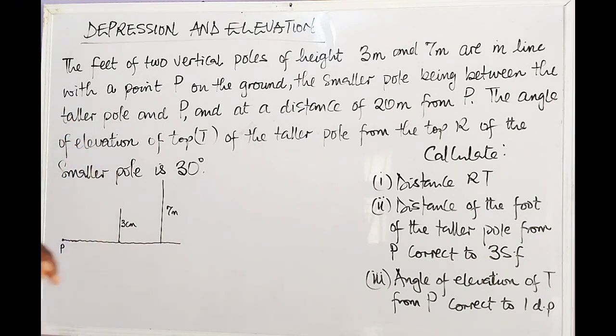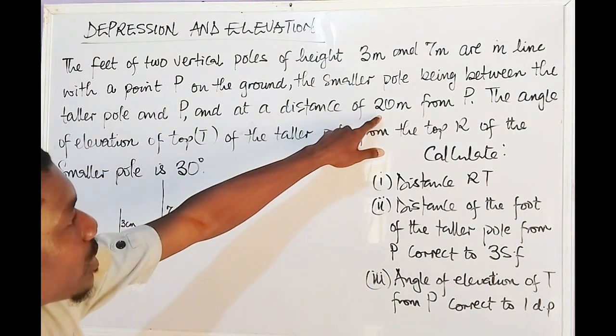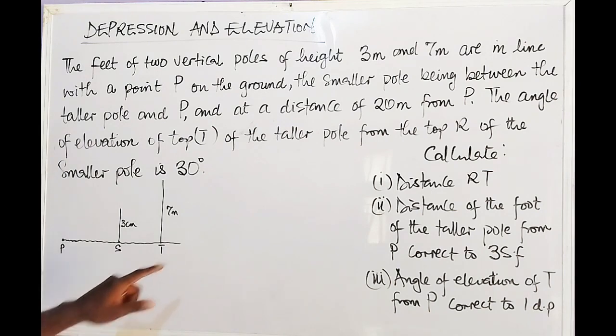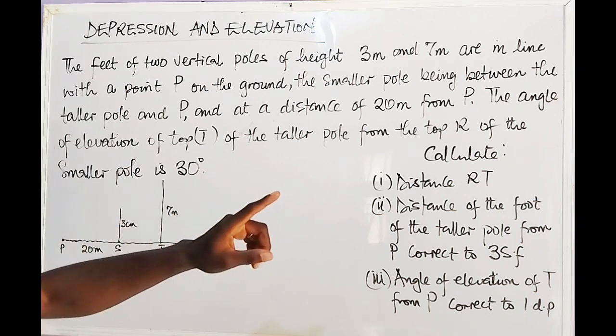Let us say this is the smaller pole and taller pole, S and T. The smaller pole is at a distance of 20 meters from P, which means the distance from here to here is 20 meters.